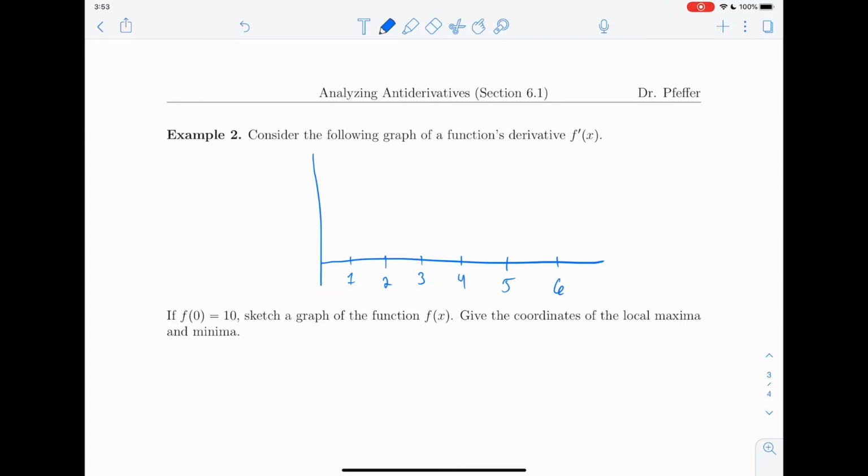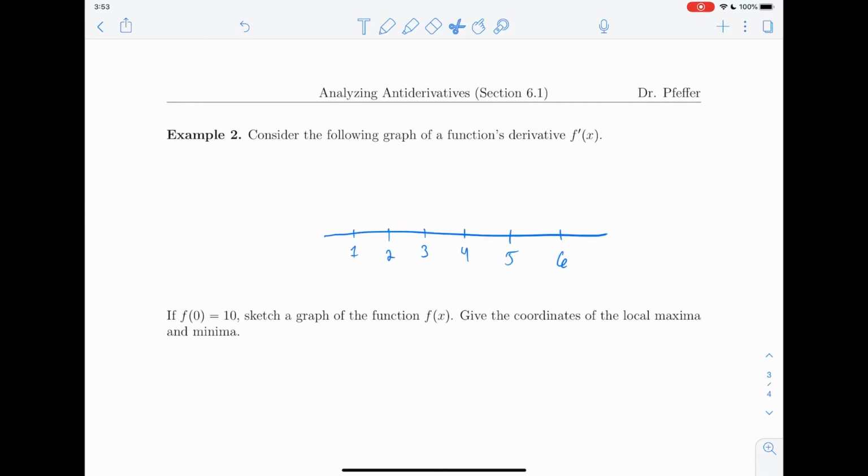Maybe I should have moved this axis up a smidge, so let's move it up real quick. There we go. Put the vertical axis there. And what we're going to have is the function cross the x-axis at 2 and 5. And it's going to look maybe something like this.